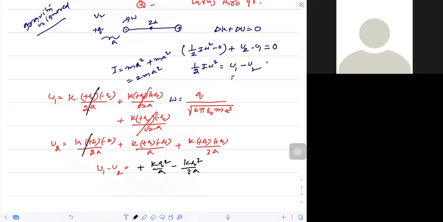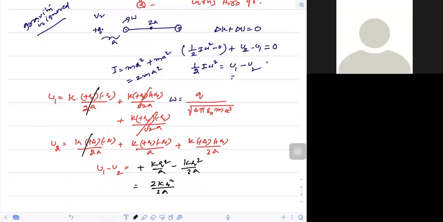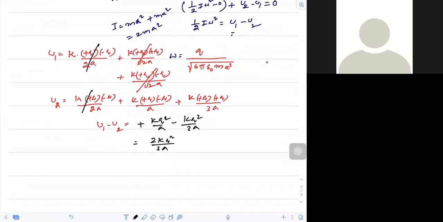Yes, sir. What do you say? Yes, sir. So this by 3 KQ square by A. This one? Yes, sir. So this is equal to half, half 2m A square omega square. 2 gets cancelled.